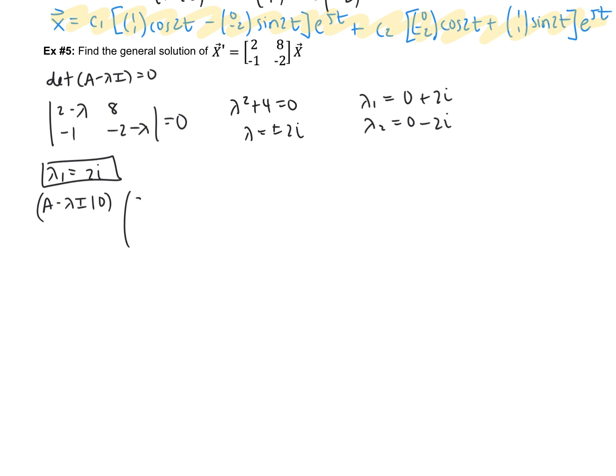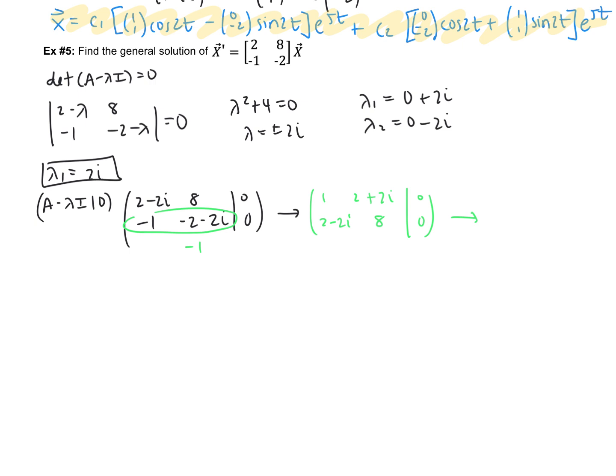We end up with 2 subtract 2i, 8, negative 1, and negative 2 subtract 2i. I'm just going to make things a little bit friendlier for myself. I'm going to take the second row, multiply it by negative 1 and make it my first row. So I have 1 and 2 add 2i. Then I get my 2 subtract 2i and 8 down here.